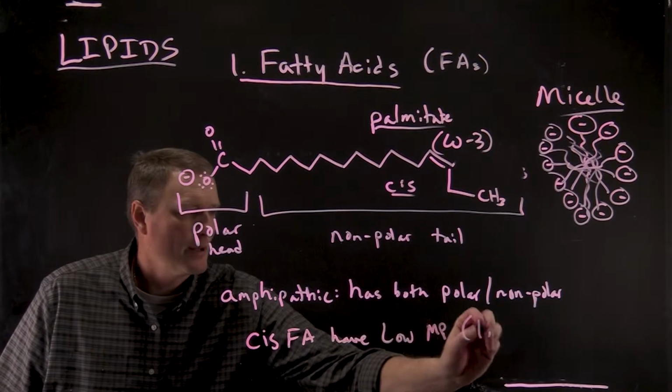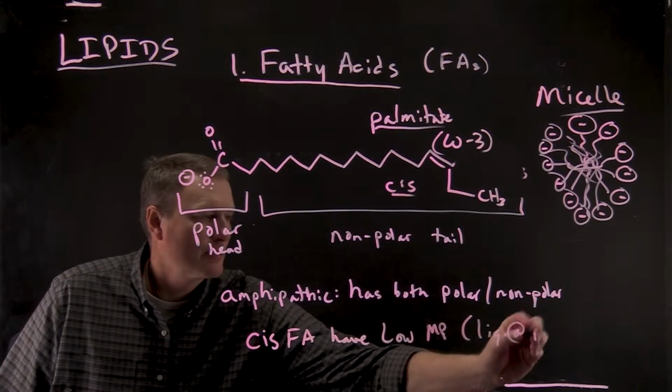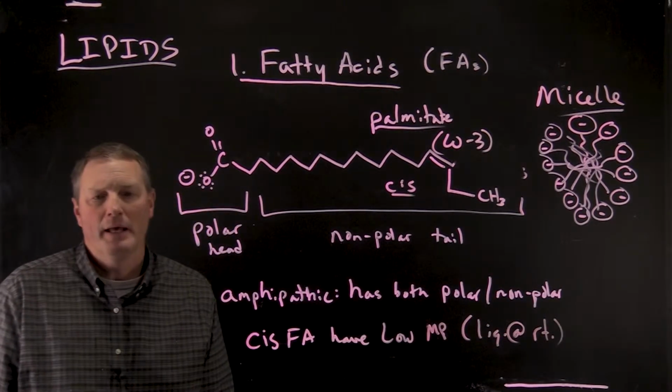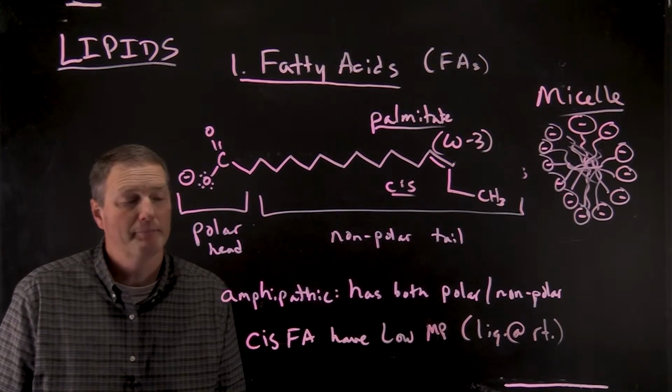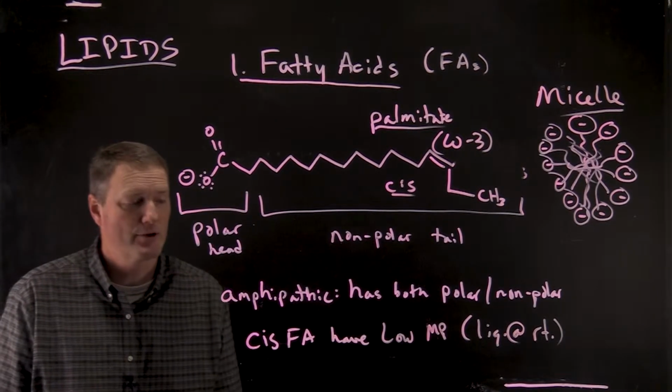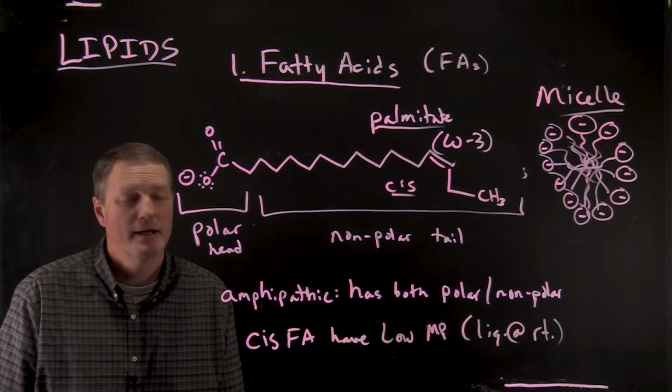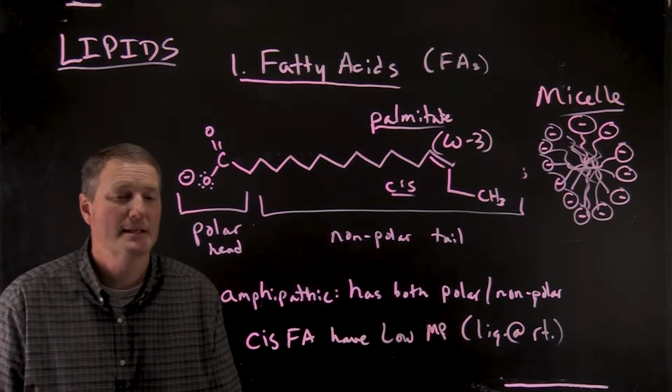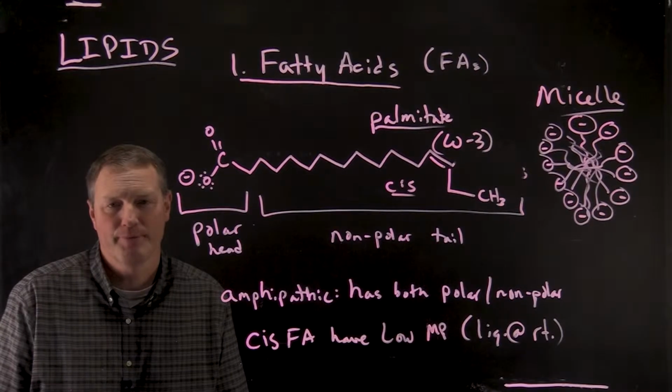So these are liquids at room temperature. Conversely, fatty acids that have trans hydrocarbon chains or trans double bonds tend to have a little bit higher melting points, and they would tend to be solids at room temperature.